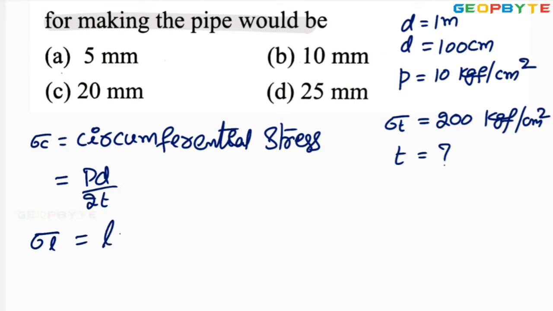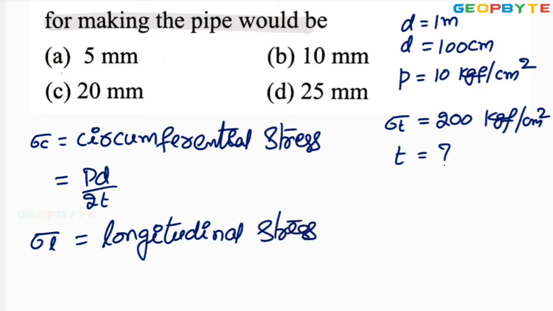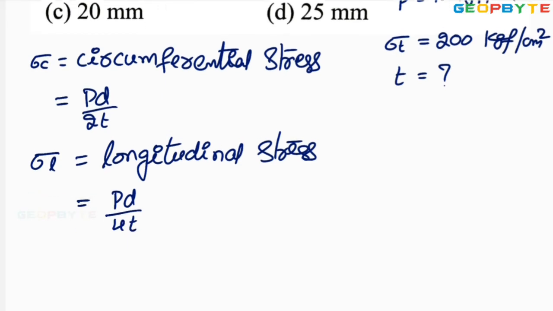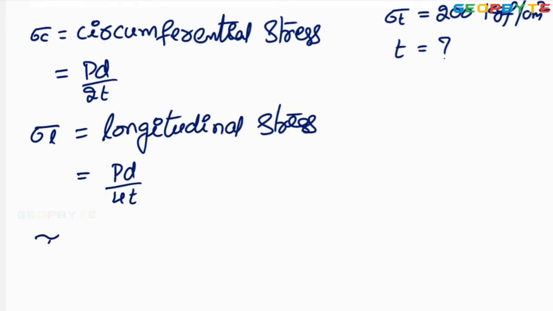Second one, longitudinal stress. This longitudinal stress equal to PD by 4T. And tau equal to shear stress.